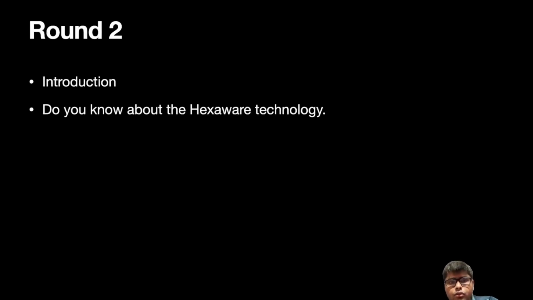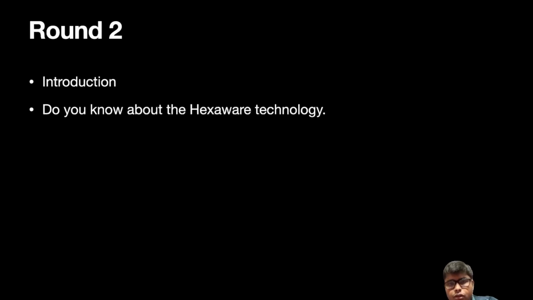The first thing they asked for was my introduction. The interviewer first gave his introduction, and then asked me to give mine. Then the second question was, do you know about Hexaware Technology?